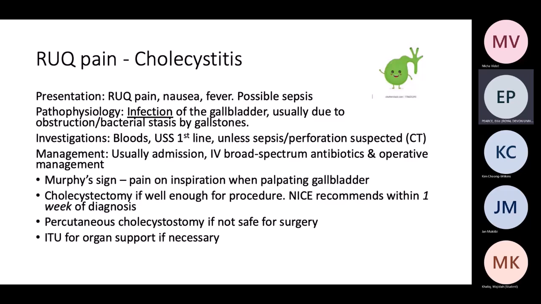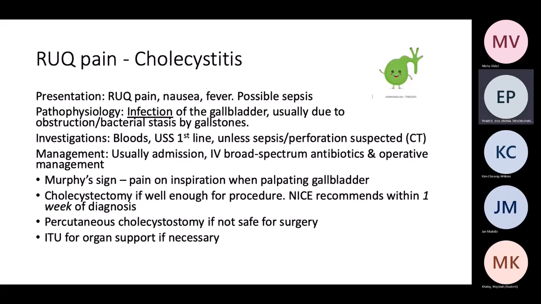Management for these patients is usually admission. I have seen occasionally, if it's a person who's younger and very fit, their pain's not too severe and their bloods are not terrible, they will sometimes be sent home with oral antibiotics, but with a really strong safety net to come back if they're not improving in the next 48 hours.